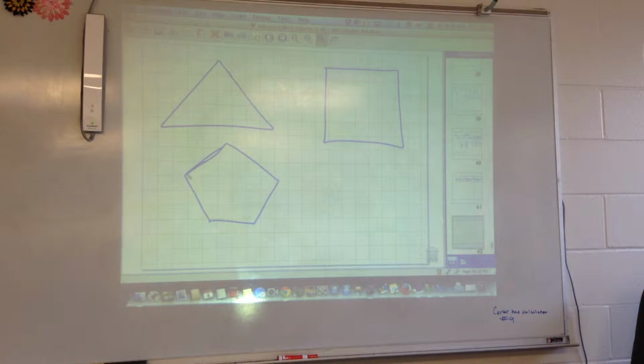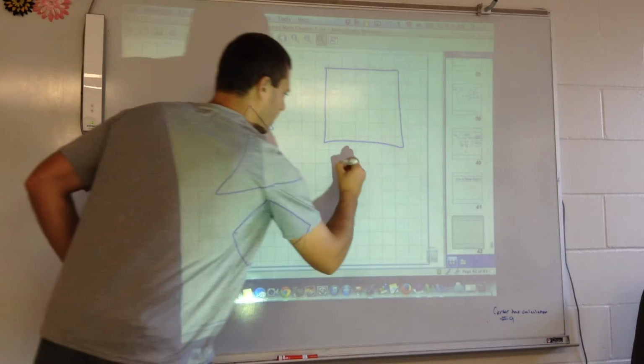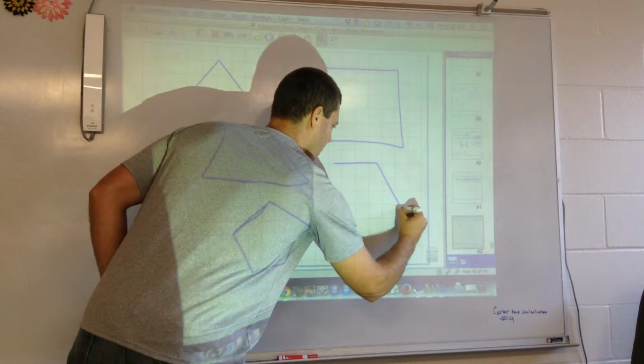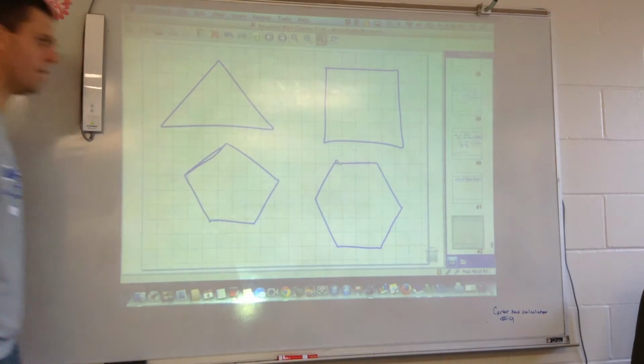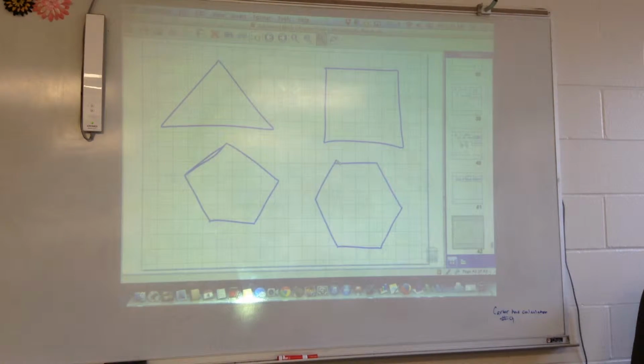All sides and all angles are the same. Regular hexagon. So regular means all angles and all sides are equal, right? That's the biggest thing I want everybody to know.